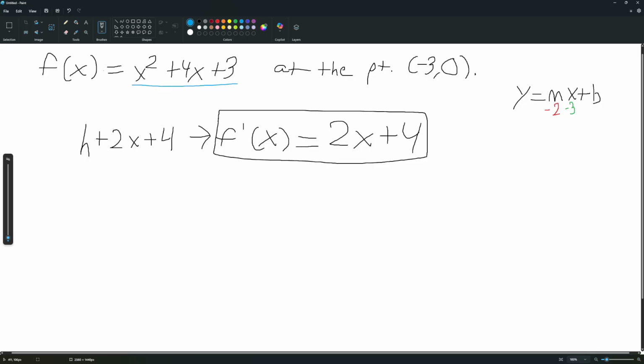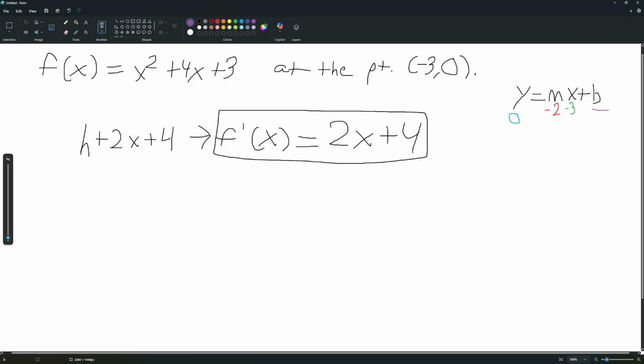When we plug it into this function, we find that we get an answer of 0, which I suppose makes sense since it's literally right here. I would assume these two are connected, but regardless, you plug it into this equation and you get 0. So our y value is going to be 0. Since we're finding the equation of the line, we need a y-intercept. So what we're going to be doing here is solving for b.